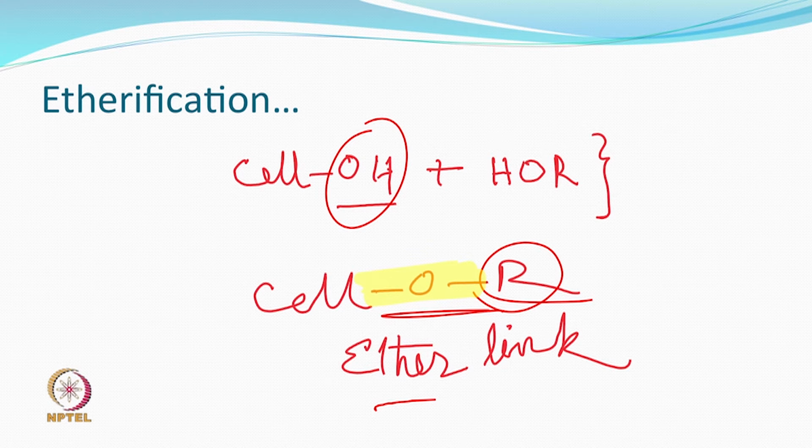From the point of view of stability of these links, ester links are more susceptible to alkaline conditions, ether links are more susceptible to acidic conditions. So, theoretically you can hydrolyze anything, but what we understand is that when you do normal washing, laundering kind of conditions, these bonds are not going to break very easily.